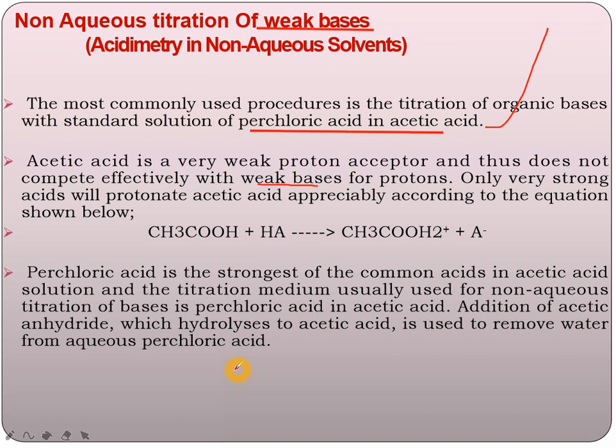In such cases we have to add acetic anhydride, so that the acetic anhydride is hydrolyzed into acetic acid with the help of the water present in the perchloric acid. There are two merits: first, you get the hydrolyzed form of acetic anhydride, and second, the water present in the perchloric acid is removed, and this perchloric acid will be suitable for non-aqueous titration.